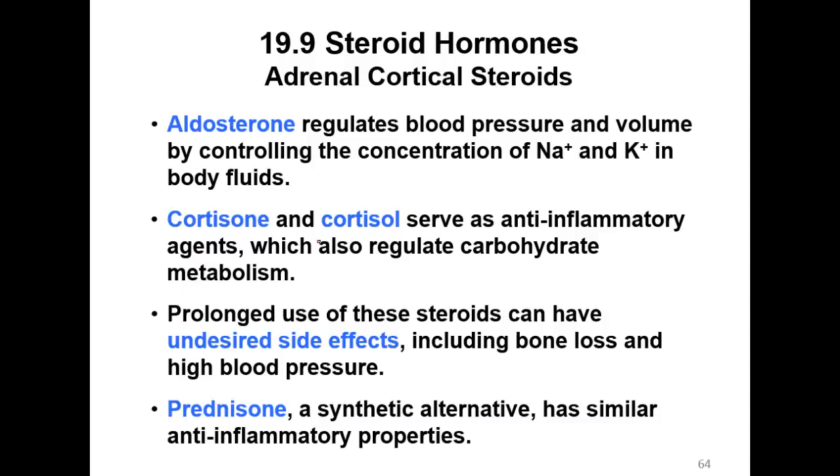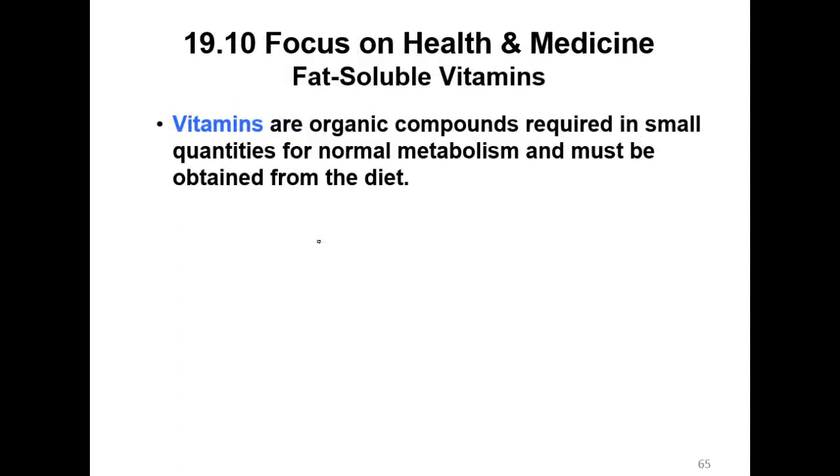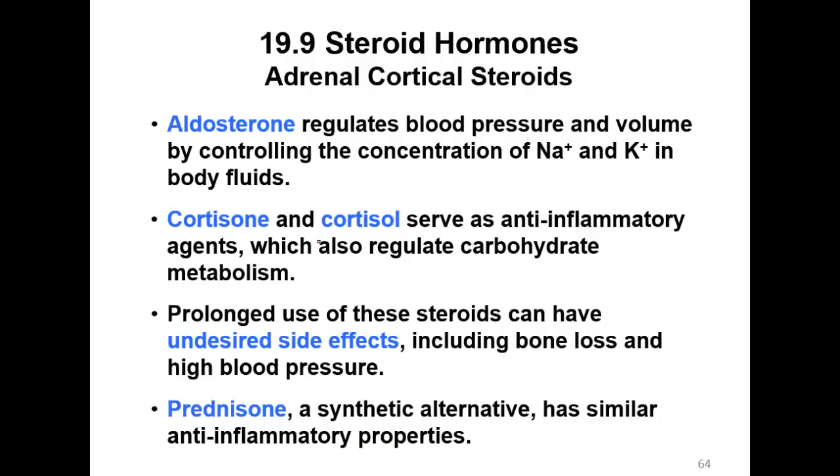So your body changes that one into prednisone, which then eventually gets converted into cortisol. All right, so we will stop right here, and when we start back, we'll start back at 19.10.